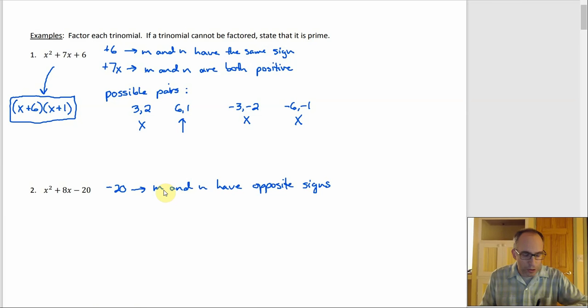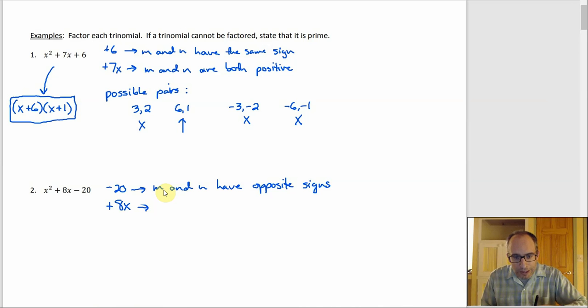And then, okay, what does the plus 8x mean? Well, that just means that the positive must have a larger absolute value. It's got to be farther away from 0, because then when you add, if you're adding a positive and negative together and ending up with a positive, then the positive must have been farther away from 0 to begin with. If it wasn't, you would have gotten a negative.